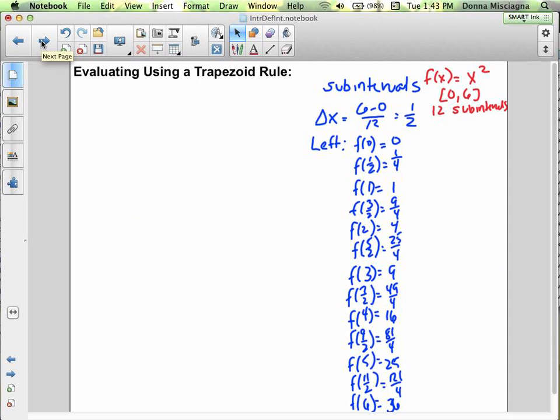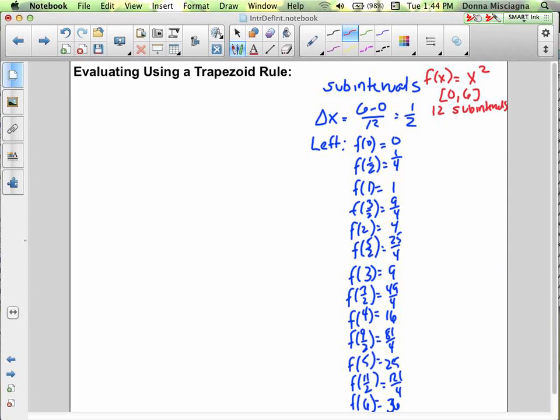So evaluating using the trapezoid rule. Same values, right? But we're using trapezoids instead of rectangles. So you know for trapezoids, we take the two bases. So we take the left-hand side and the right-hand side and average them together. Now, because we're averaging two values, our change in x, instead of being 1/2, is going to be 1/4.